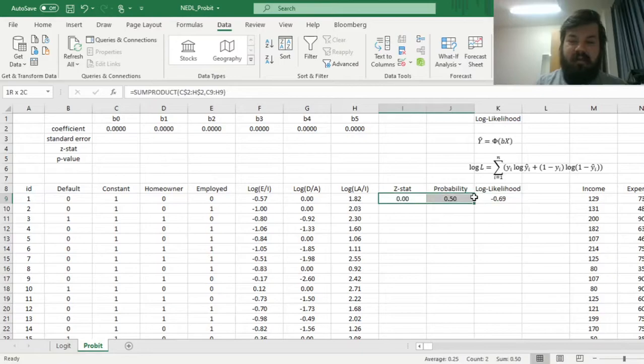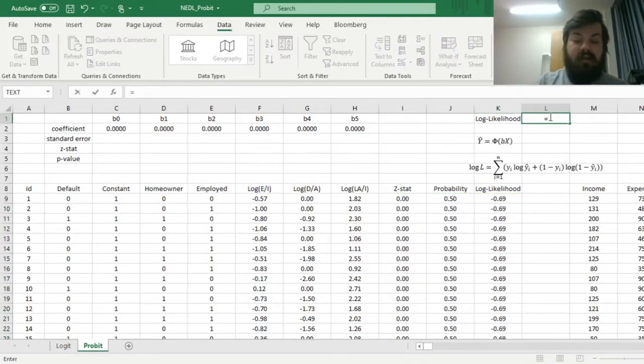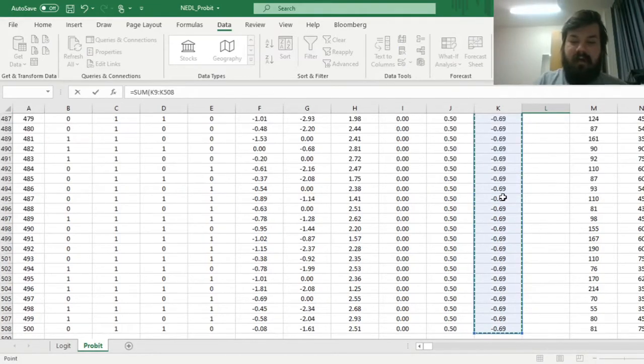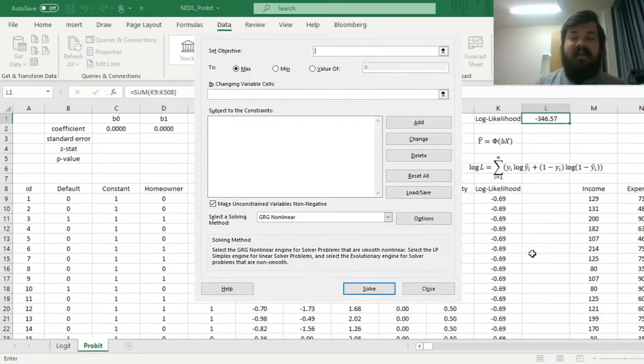And then we can drag it all the way down to estimate these formulas for all of our sample observations, and calculate the total log likelihood that we'll aim to maximize using the sum function over all 500 borrowers.